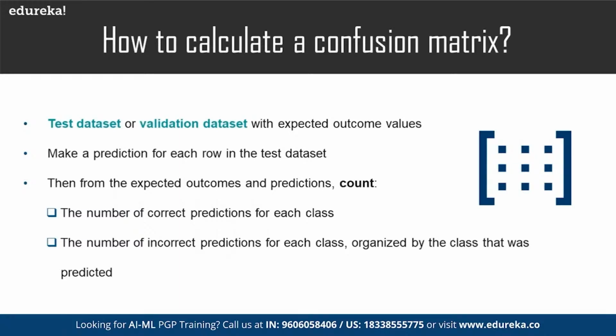Such outcomes we get either through the test data set or through the validation data set. When we use the validation data set, we use the cross validation technique, the k-fold cross validation.